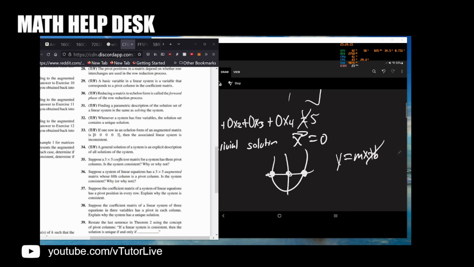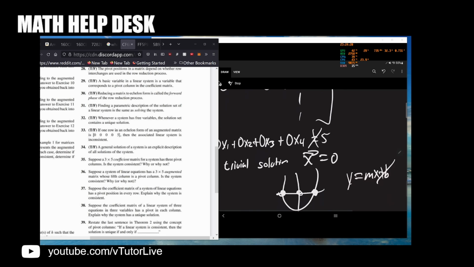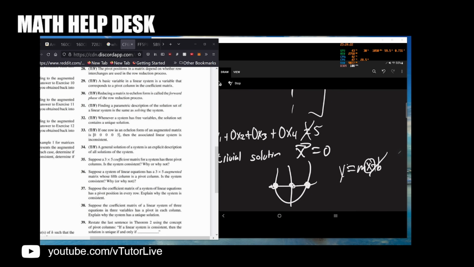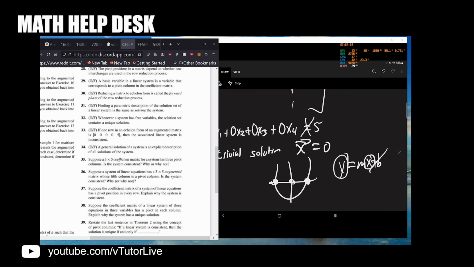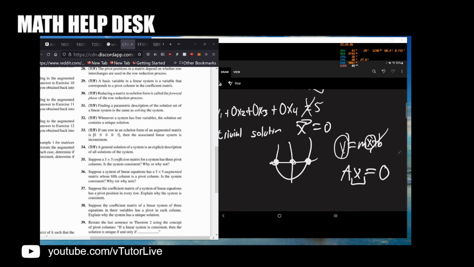So obviously if x is 0, y is also equal to 0, right? But in linear algebra, because it's a high dimensional space, you could have situations where Ax maps to 0 for non-trivial x, for x that's not all 0.